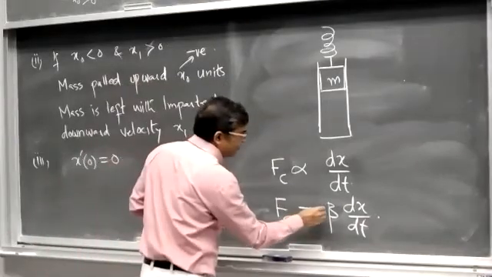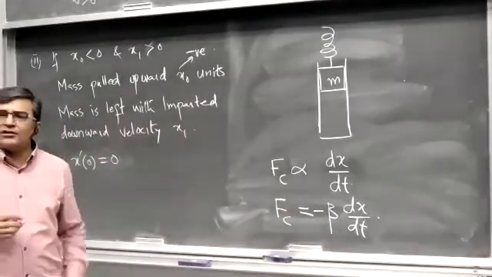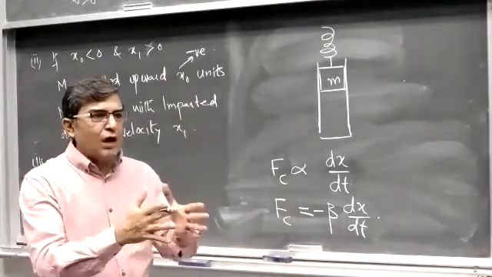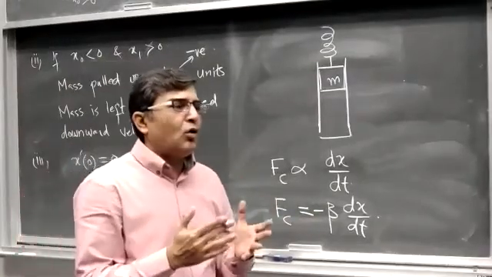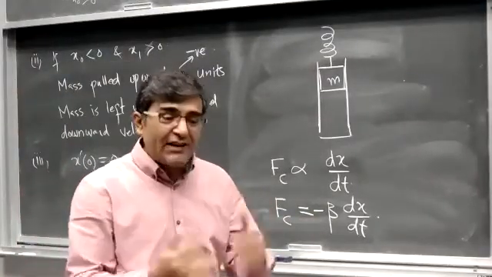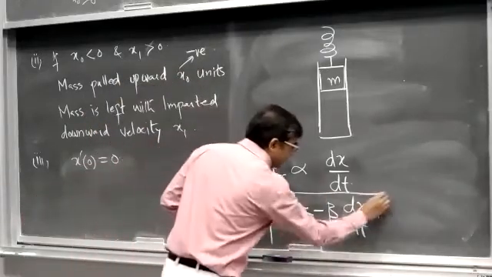So definitely this force will always be a negative force, because the damping forces try to slow down the motion of the mass. So they obviously act in the opposite direction of the motion. So these damping forces will be negative forces.